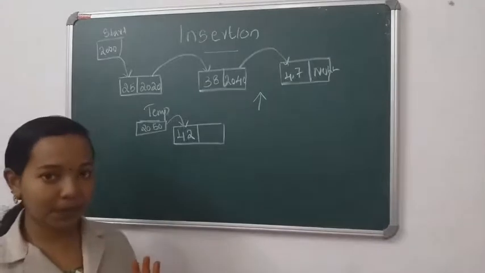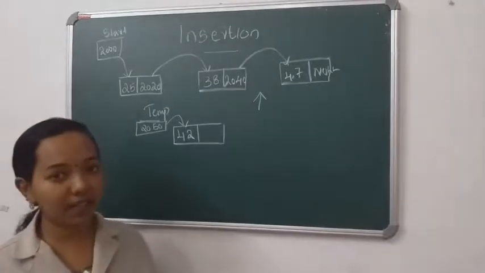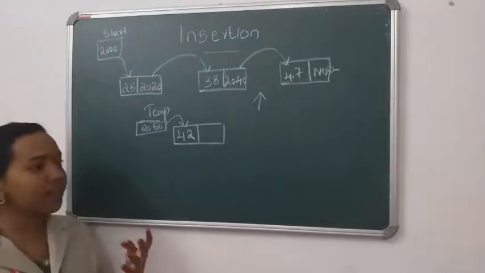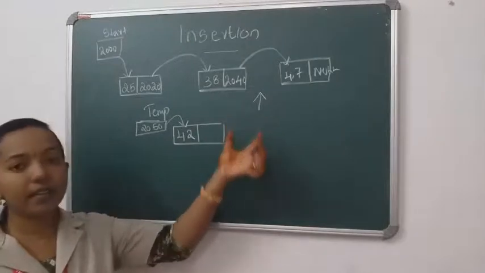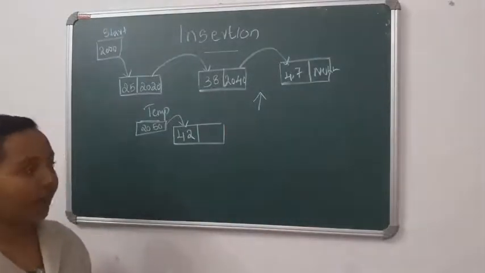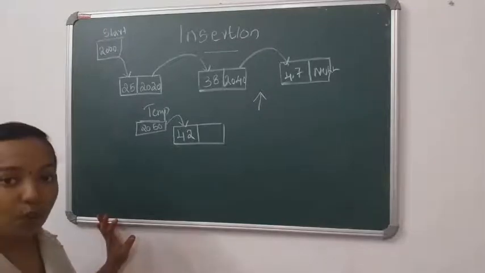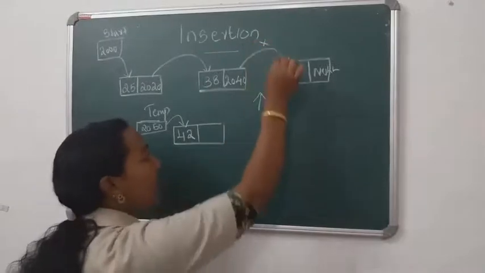That is 42, and its memory address is available in temp. Next, we are going to insert this new node between 38 and 47. If we are inserting a node between two nodes, definitely you want to break this connection.